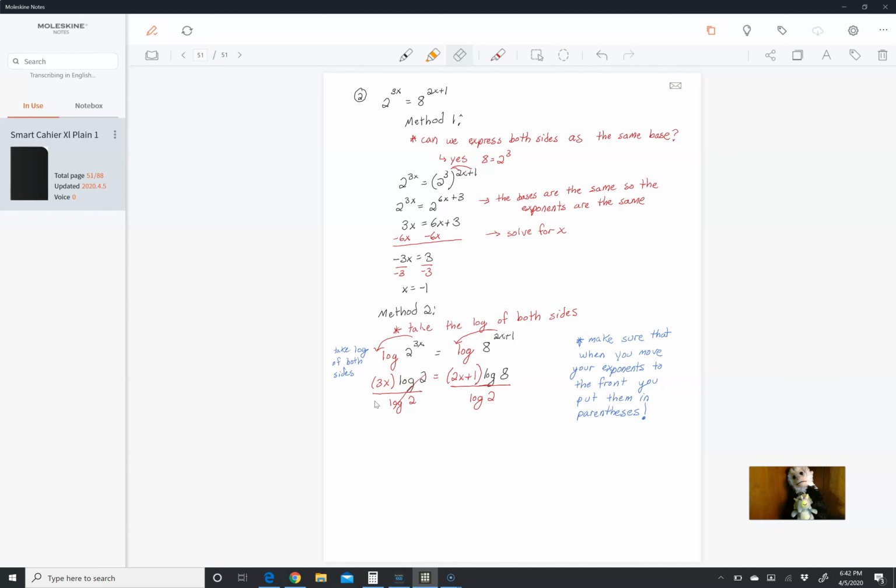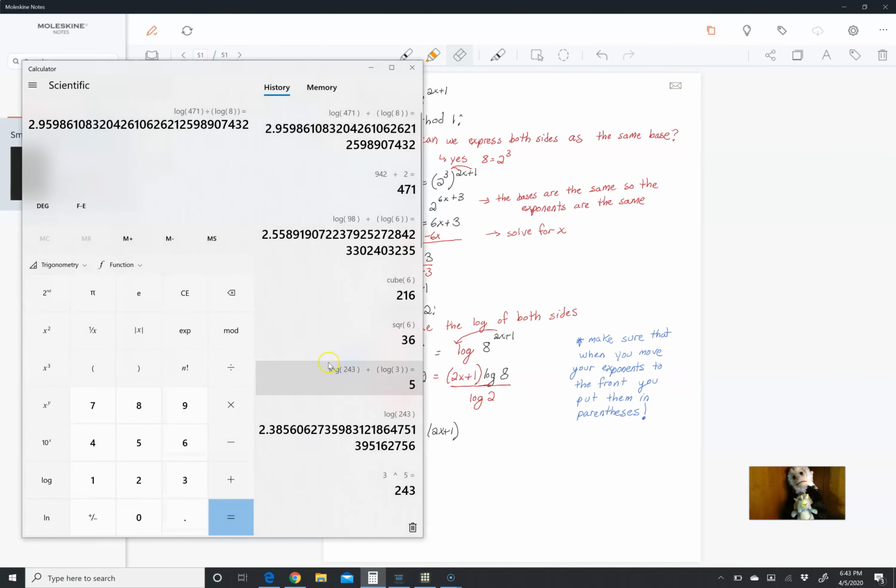Okay, that goes away. And what we're left with is 3x is equal to 2x plus 1. And now we're going to calculate the log of 8 over the log of 2.